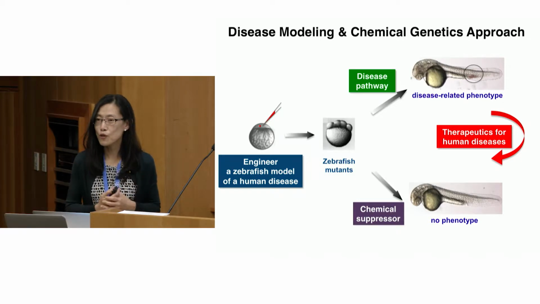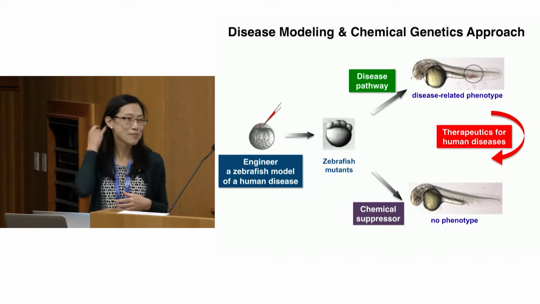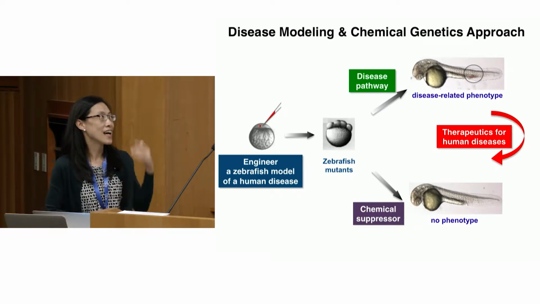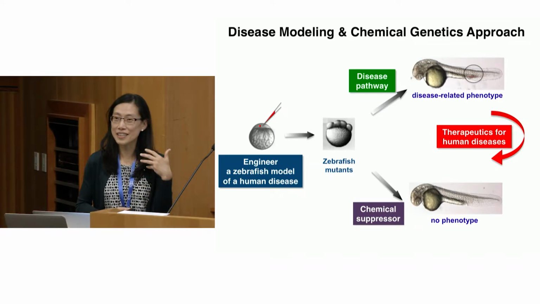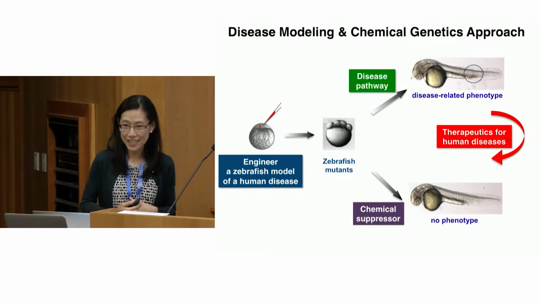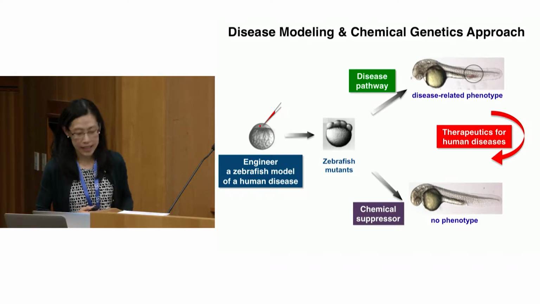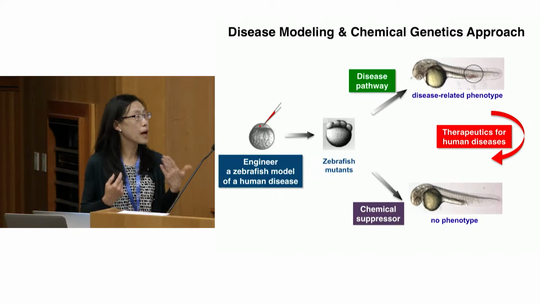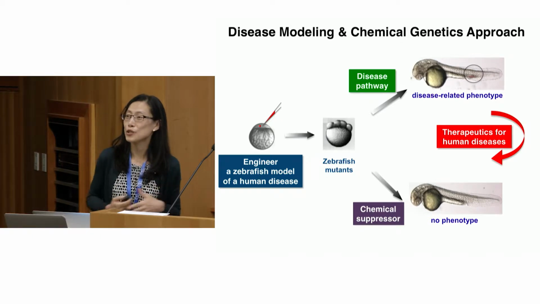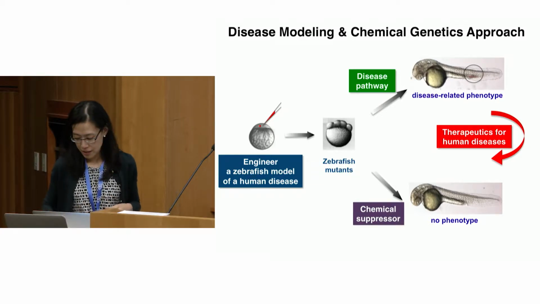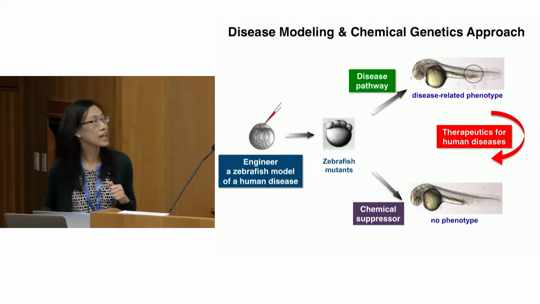However, like most other model organisms, targeted gene editing had not been possible until the birth of ZFNs and TALENs, and it only became really possible for every single lab to make their favorite mutants after the development of the CRISPR technology.